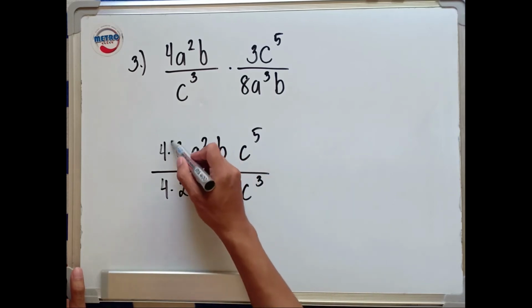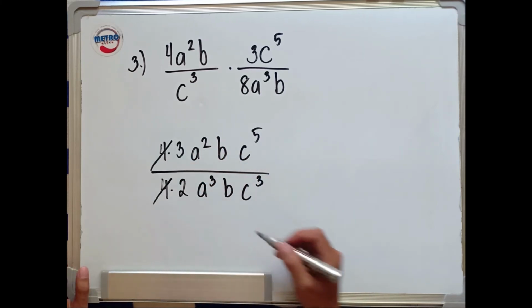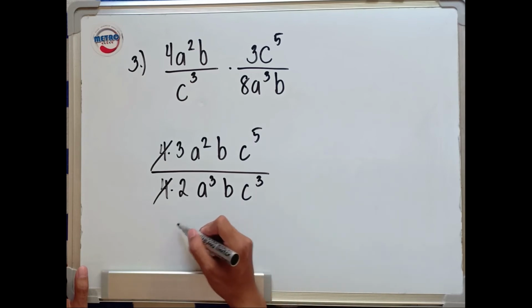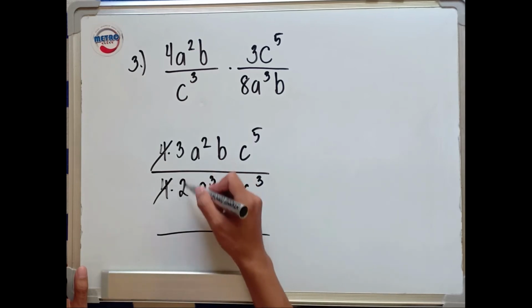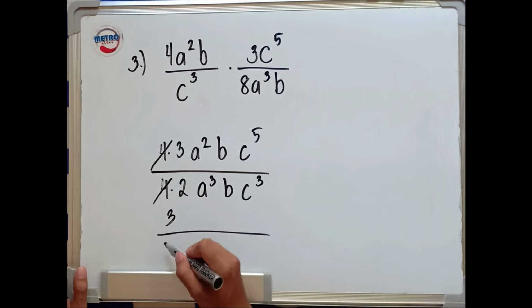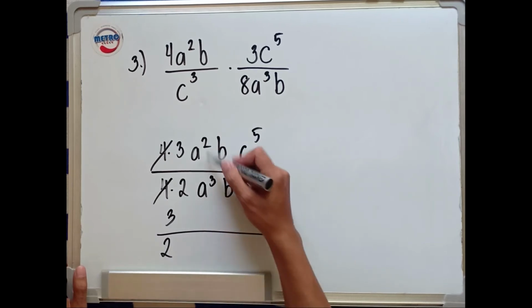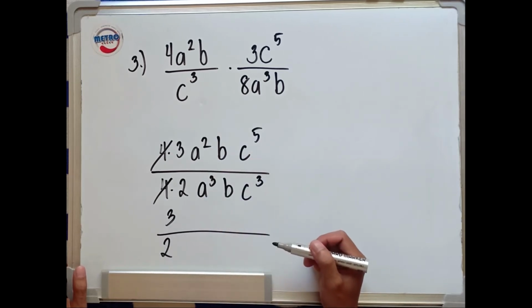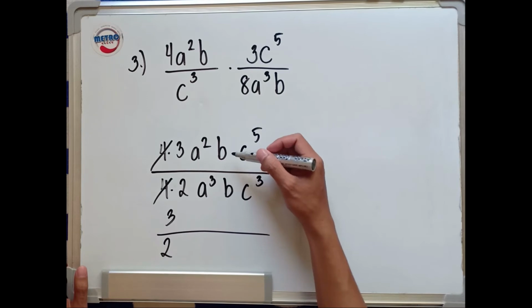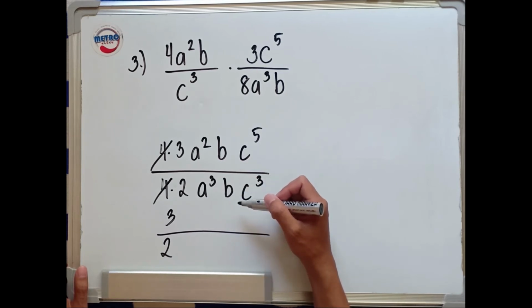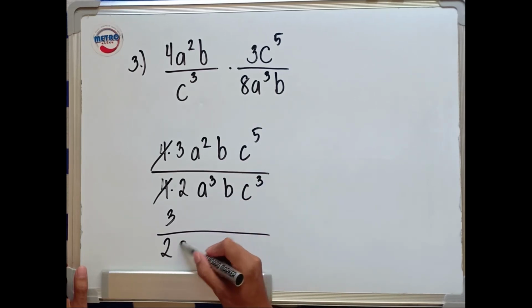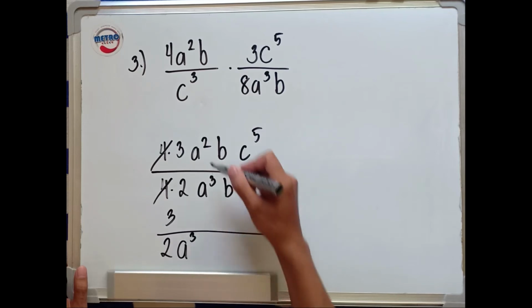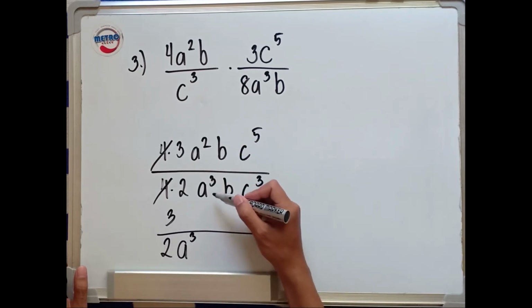Then, we can cancel 4. So, we are going to copy the numerator and denominator 3 and 2. Then, for the variables, you have to recall the previous lessons on how to simplify common variables in the numerator and in the denominator. So, since a cubed is higher than a squared, we copy first this into its original position.